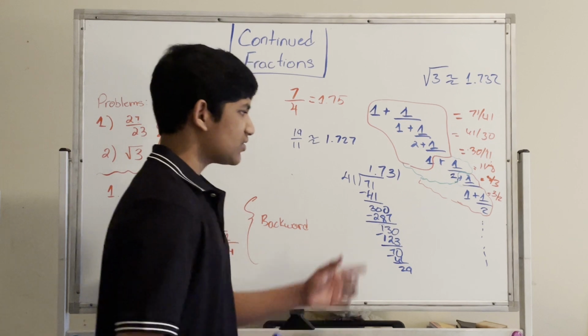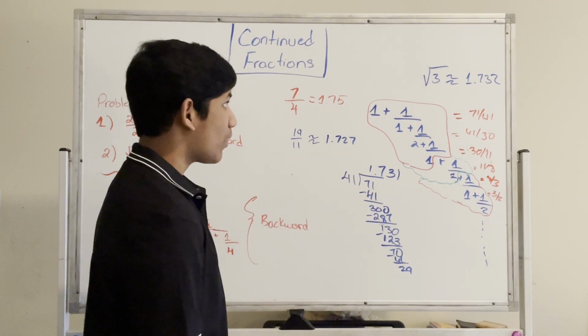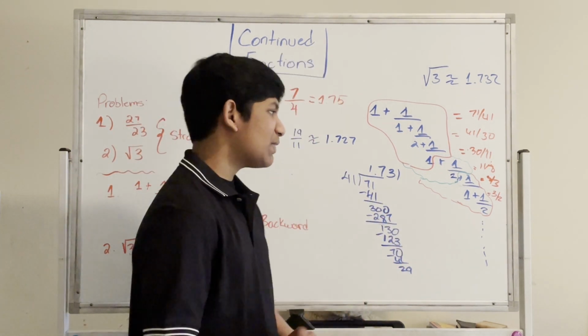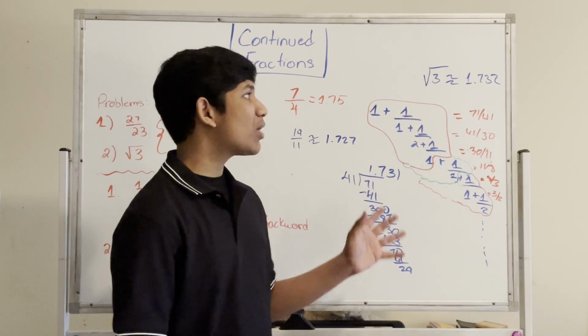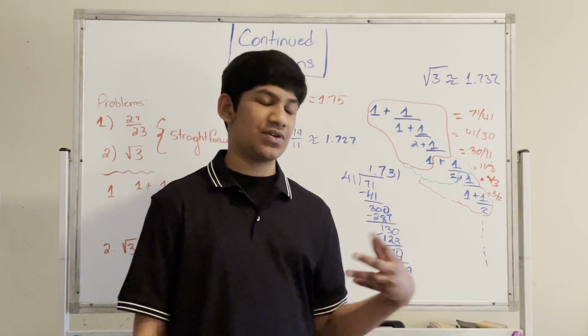Okay, so as you can see, we have 1.731 as our approximation for 71 over 41, and this is very close to our approximation of the square root of 3, which is 1.732.